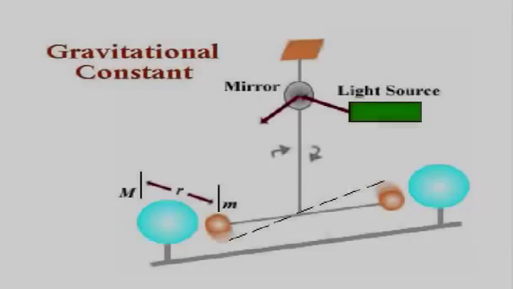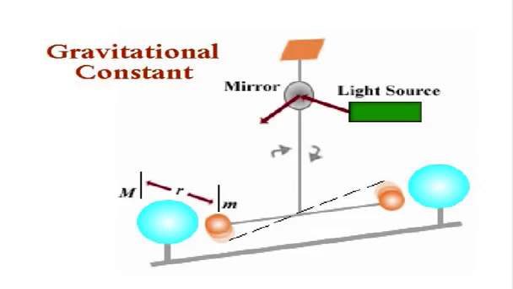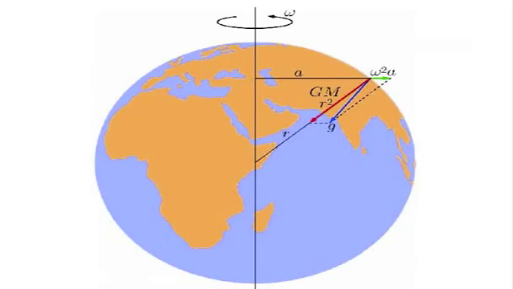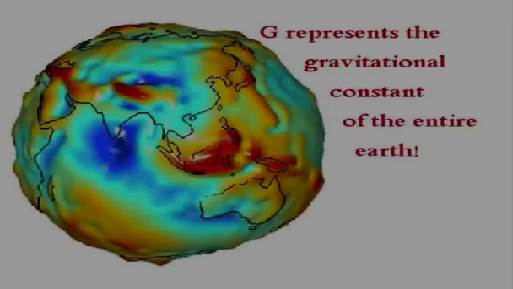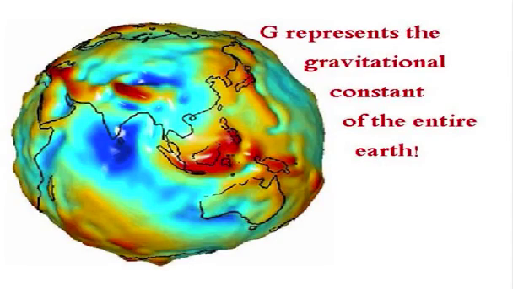The standard acceleration gravity constant, g, was first developed by Isaac Newton in the 17th century. Today, scientists have precisely calculated g to equal 9.80665 meters per second squared. G represents the gravitational constant of the entire Earth.